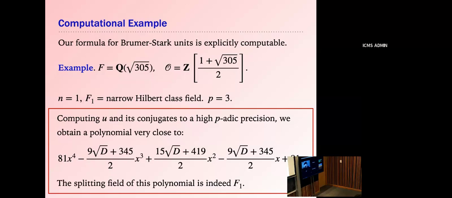You can check furthermore that the roots generate an unramified extension. So it is the right thing at the end of the day, computationally. I did some computations like this in my thesis when I was trying to test my conjectures, but it's done in a more refined way by some undergraduates at Duke.